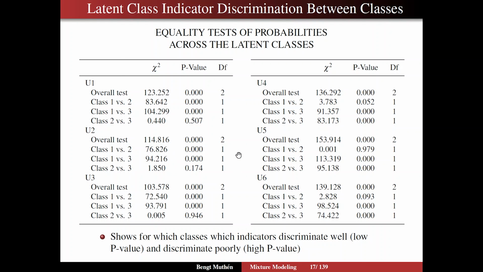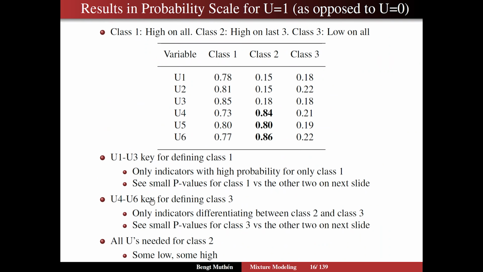Whereas for U4 through U6, it's actually class 3 versus the other 2, classes 1 versus 3, 2 versus 3, they are 0 here, showing that they're the ones that discriminate class 3 from the other 2. Just like we said, U4 through U6 are key for defining class 3.